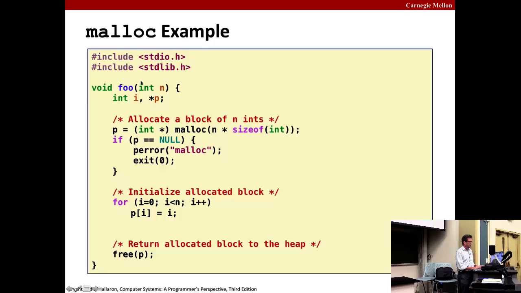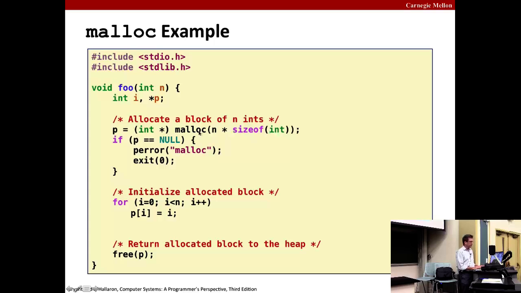So here's an example of how we would use malloc in a simple program. We have a pointer to an int, p, and we call malloc, and we want to allocate an array of n ints. This is the standard way you call it. We want n ints, so we call it with n times sizeof(int), because remember the argument is in bytes.